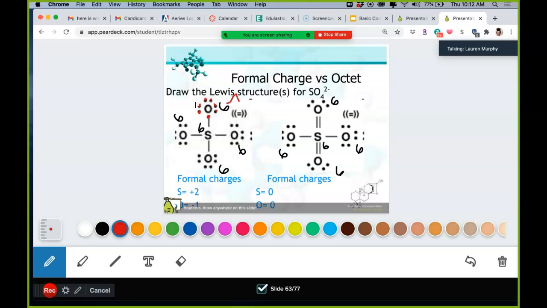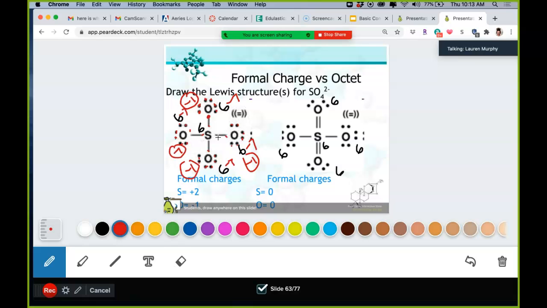So 6 minus 7. So this oxygen's formal charge is -1. The same for the next oxygens: 6 minus 7, -1, and 6 minus 7, -1.